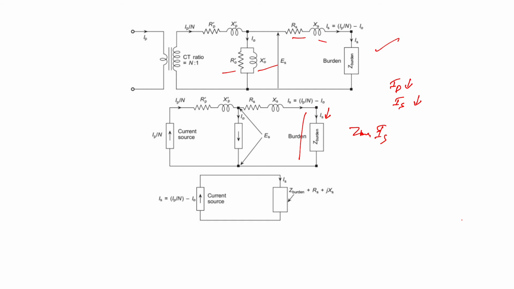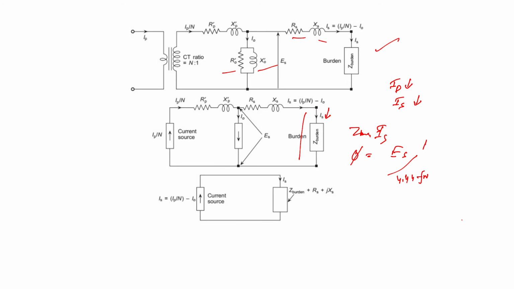So the working flux in that very case is also low. If you take the equation of the flux, it is equal to ES, that is E secondary, divided by 4.44 Fn, which is also very low.